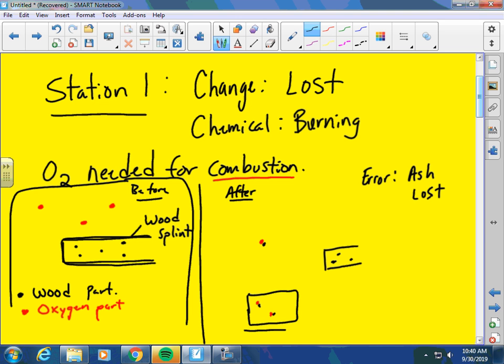So that makes sense because you may have noticed in this lab maybe there was some smoke coming off it, so some particles that were leaving. We also know that there's probably a good source of error. The ash is very light, so it's possible that it kind of blew off the watch glass. We lost some of the ash. So it makes sense that we're probably going to see a mass and change where mass decreases. Okay.